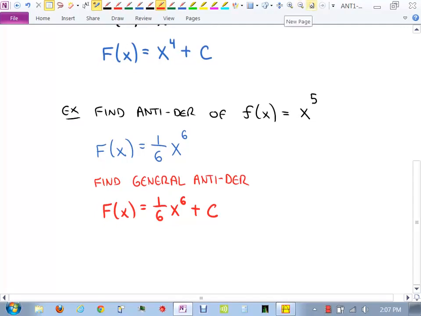New page. Find, let's say, the antiderivative of f of x equals x to the n.